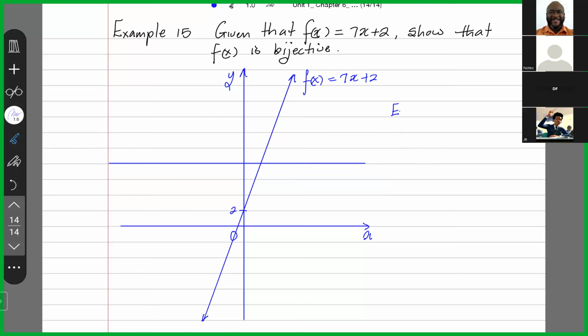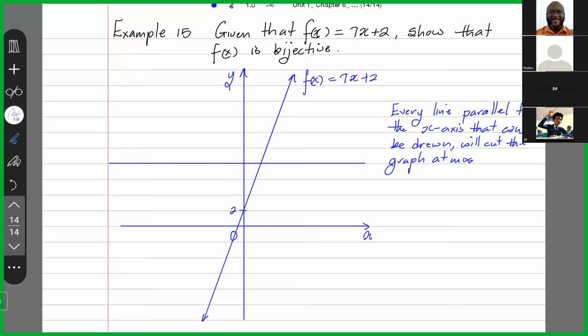Every line parallel to the x-axis that can be drawn will cut the graph at most once.